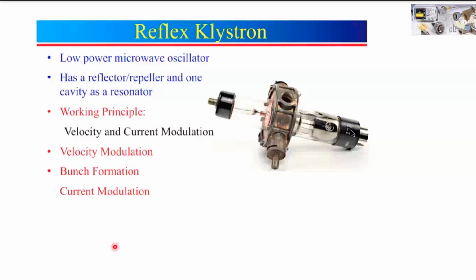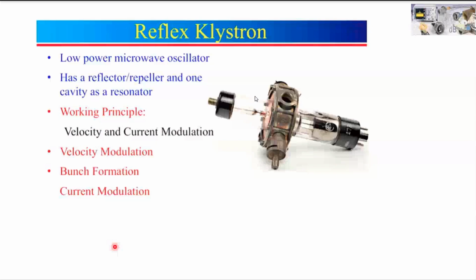The reflex klystron has a single cavity and a reflector, or repeller, which repels the electrons back to the cavity to give feedback, and the feedback path phase shift can be adjusted by varying the repeller voltage. Because of this, two cavity klystron oscillators are not constructed and reflex klystron oscillators are constructed.